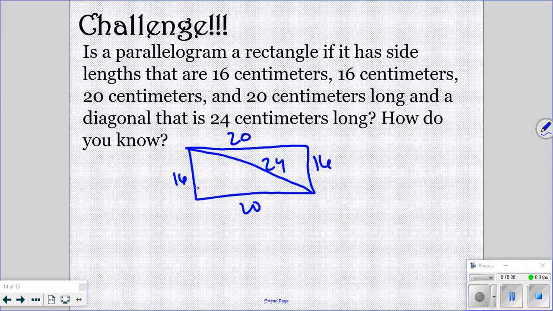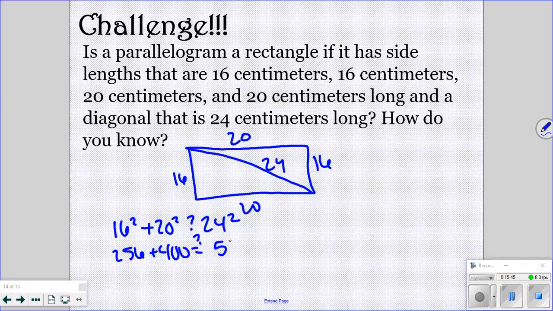So we need to use Pythagorean theorem. So 16 squared plus 20 squared, how does that relate to 24 squared? So 16 squared is 256 plus 400, and then does that equal 576? This is actually not 576. It adds up to 656.